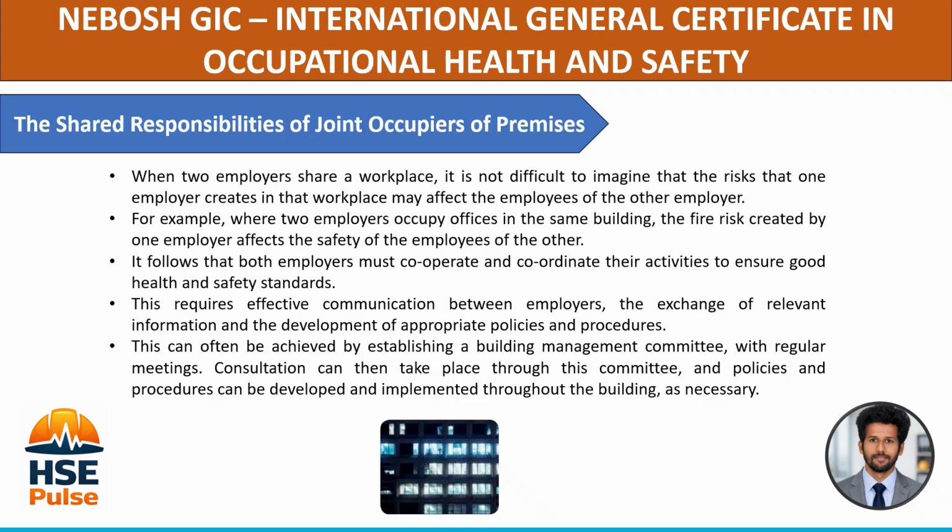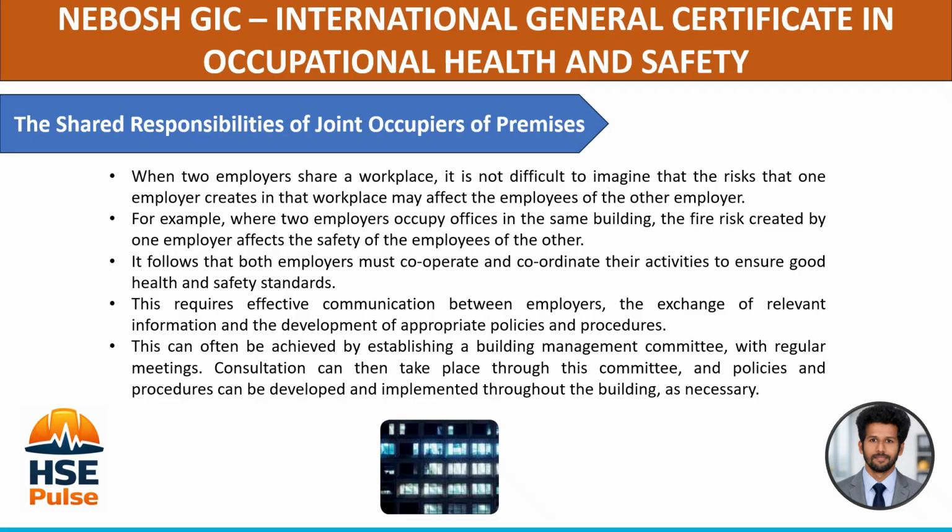The shared responsibilities of joint occupiers of premises. When two employers share a workplace, it is not difficult to imagine that the risks that one employer creates in that workplace may affect the employees of the other employer also.